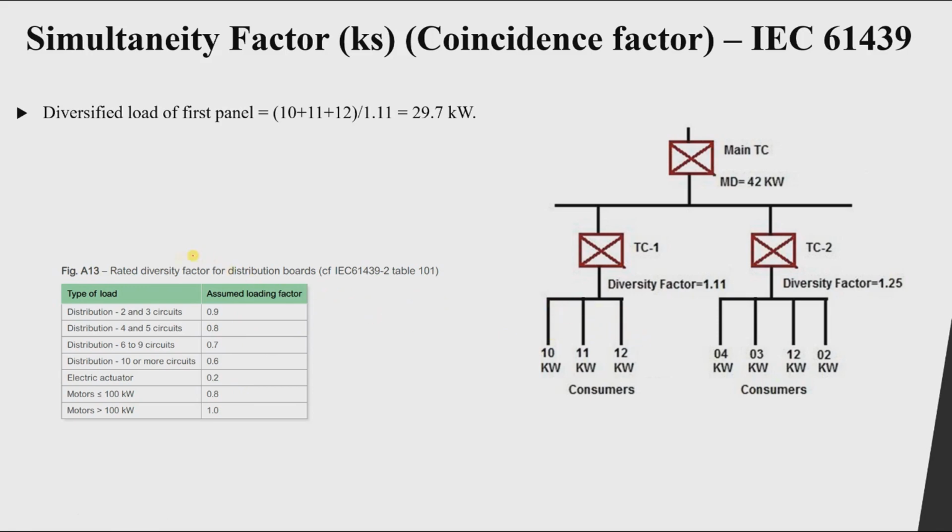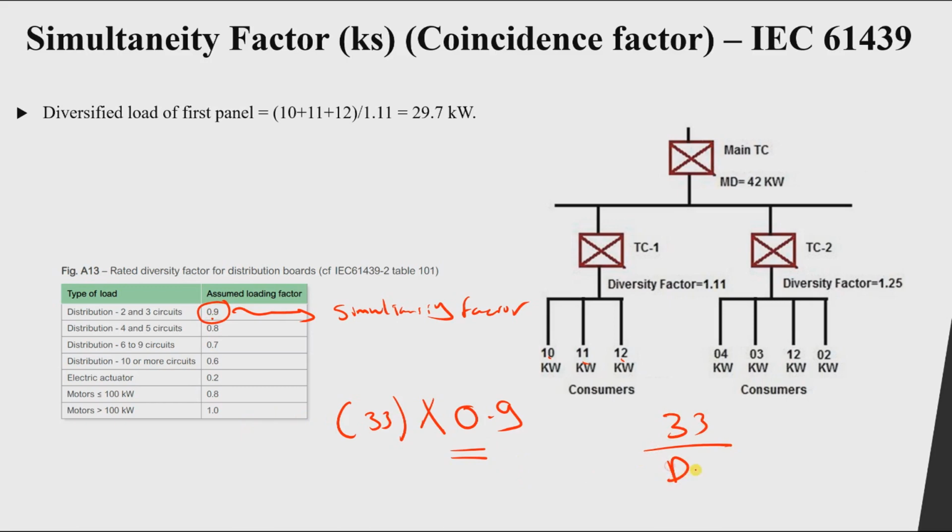According to the IEC, for 2 to 3 panels, use this one. This is less than 1, so it is the simultaneity factor. So I take 10 plus 11 plus 12, which is 33, and multiply it by the simultaneity factor, 0.9, or take the 33 and divide it by the diversity factor.